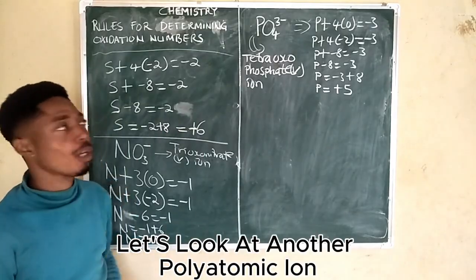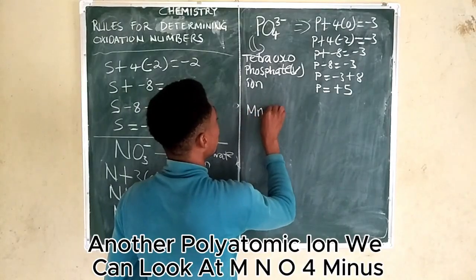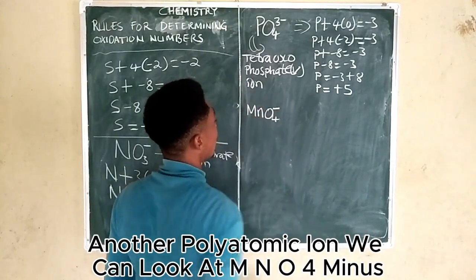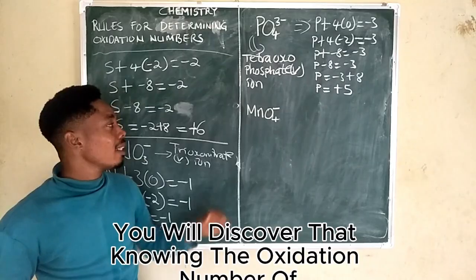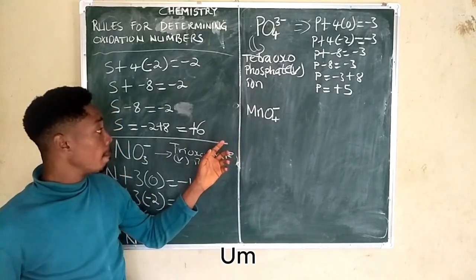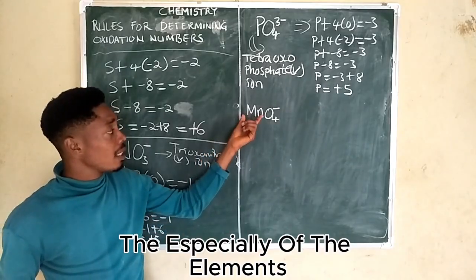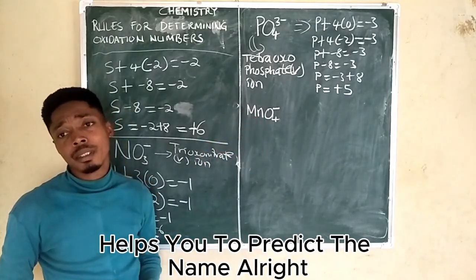Let's look at another polyatomic ion, MnO4 minus. If you look at the trend, you will discover that knowing the oxidation number of especially the elements helps you to predict the name.